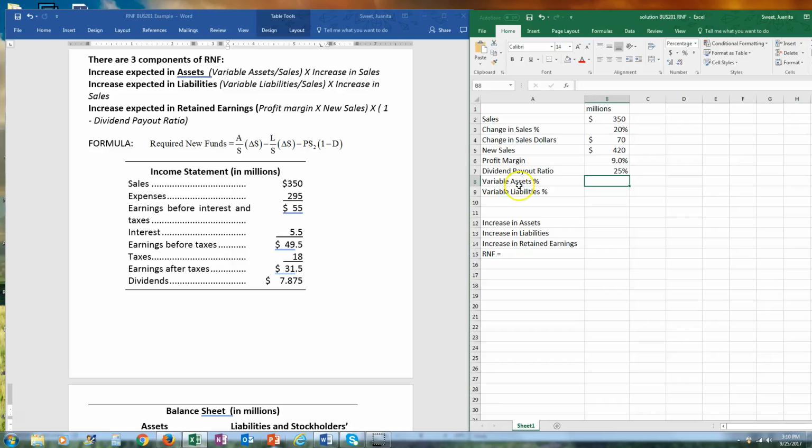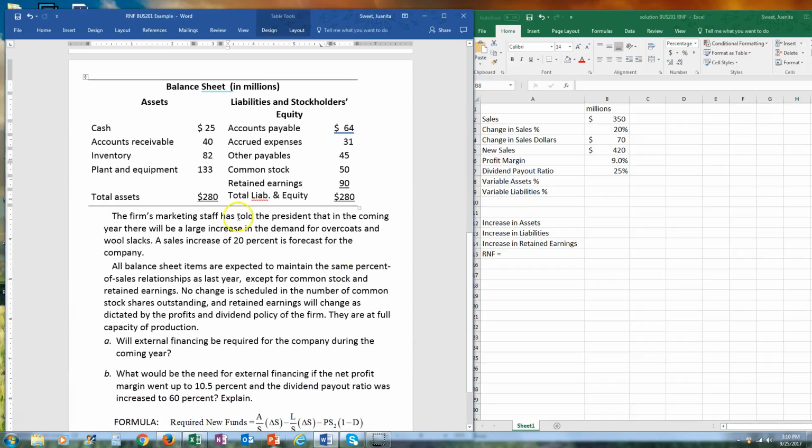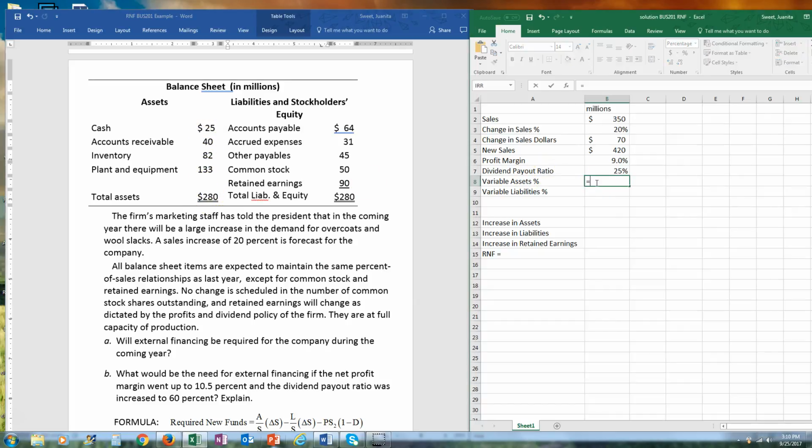Our variable assets, so we need to look at our balance sheet. Based on being at full capacity, this made all of our assets variable. So our variable assets in proportion to sales would be 280 divided by the 350 million in sales is 80%.